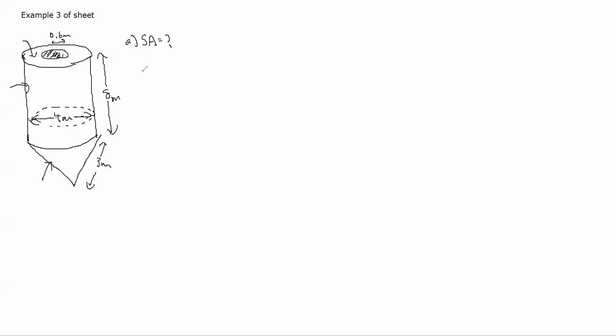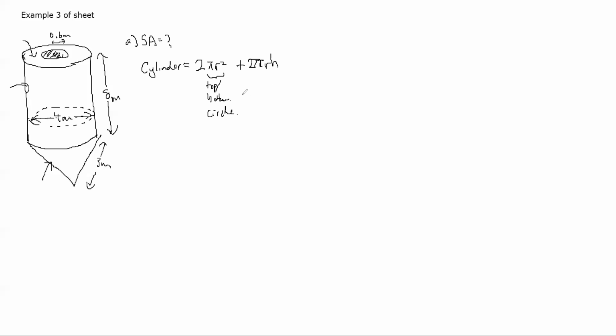So let's talk about this. In terms of the cylinder, if you recall, the formula for the surface area of a cylinder is 2 times pi r squared, because this is the top and bottom portion, right? It's a circle, okay? Plus the side of the cylinder, which is 2 pi r height, right?